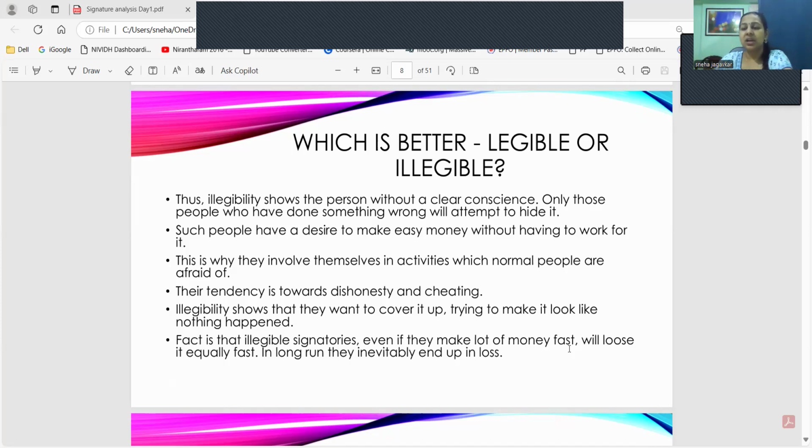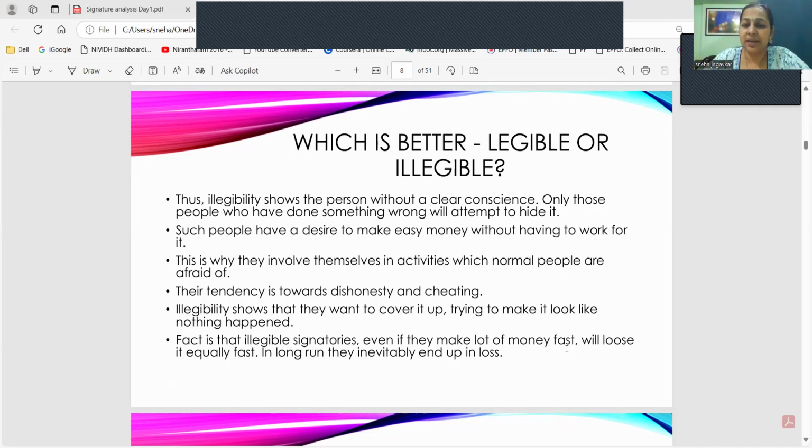Or you download a particular app, and once you download that app, your money is gone for a toss, and you cannot retrieve that money for some strange reason. So these are the people who have this kind of illegible signature, and that is of no use.